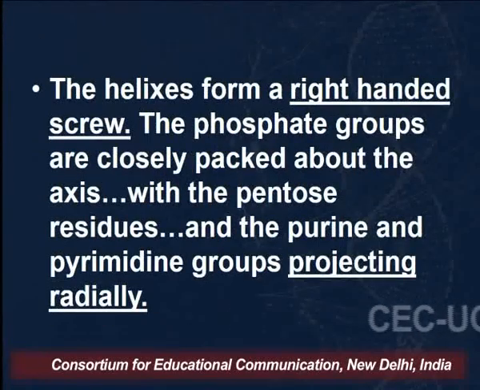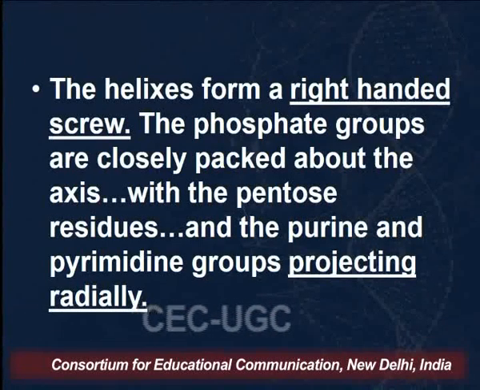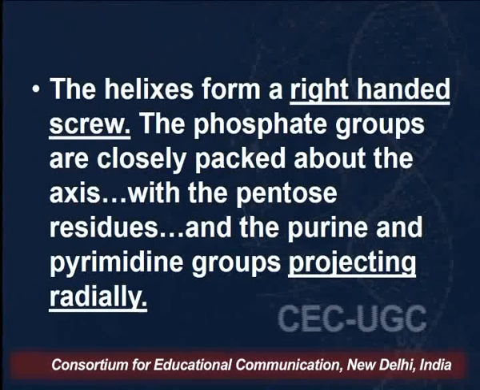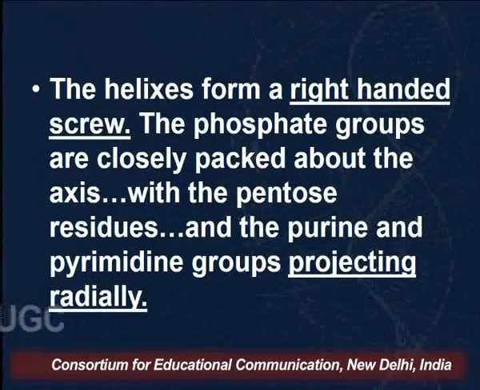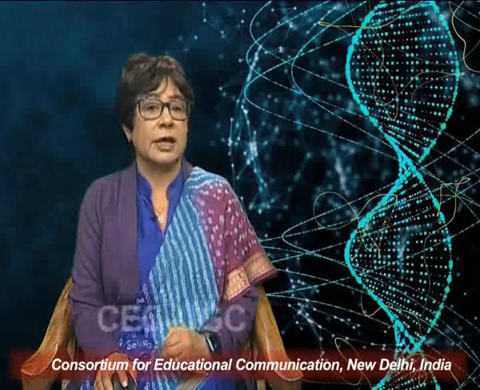The helixes form a right-handed screw. The phosphate groups are closely packed about the axis, with the pentose residue and the purines and pyrimidines groups projecting readily." I unquote. So he had laid the foundation that the helix of DNA was a right-handed helix.